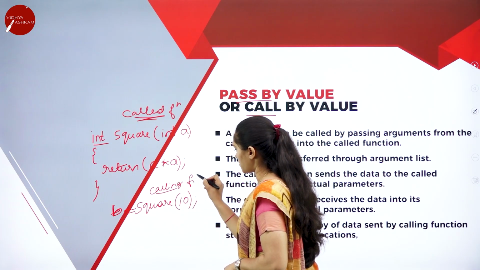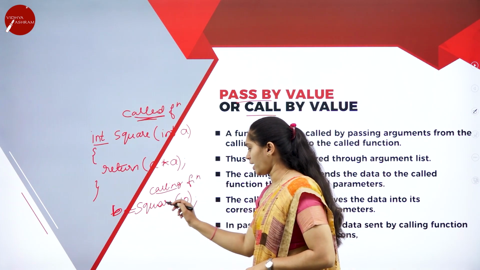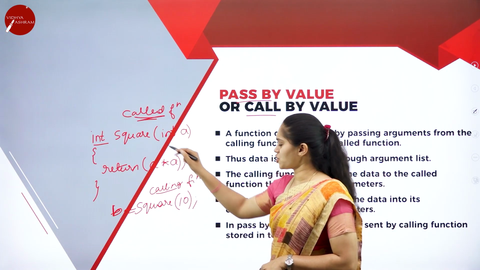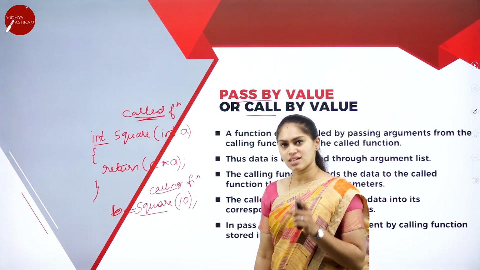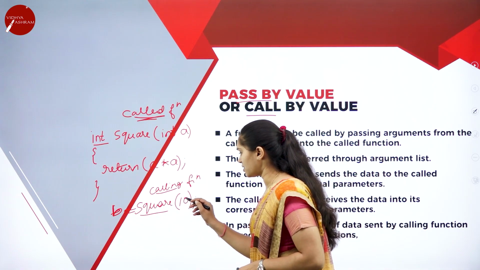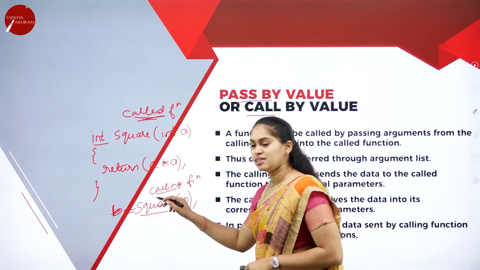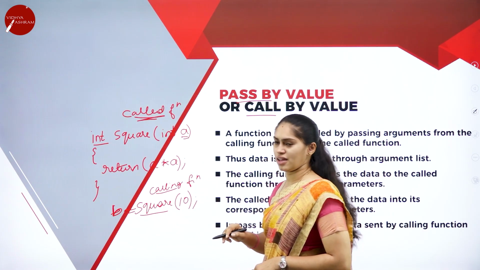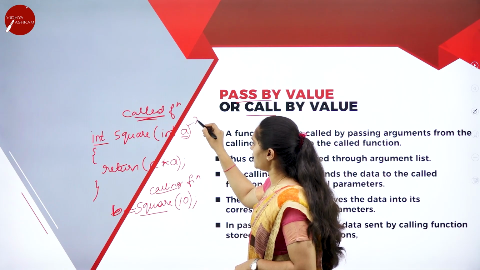Now square of 10. That means I am sending a value from the calling function to the called function. So when this is encountered in the program, the 10 will be assigned to this a. So now the value of a is going to be 10.